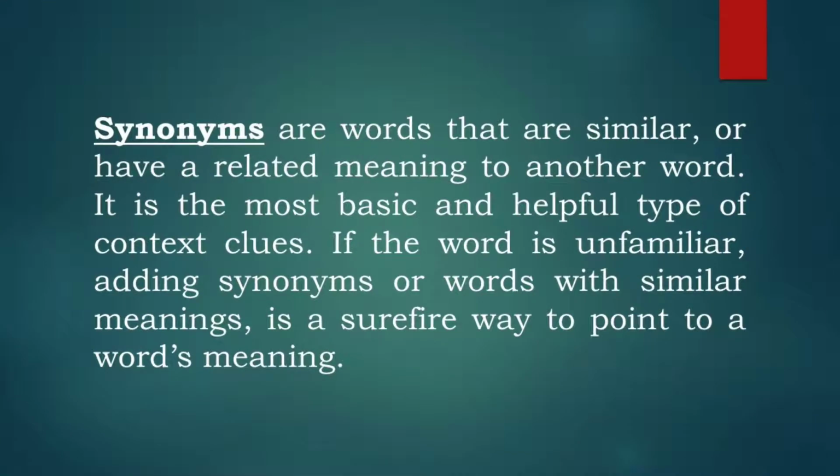Synonyms are words that are similar or have a related meaning to another word. It is the most basic and helpful type of context clues. If the word is unfamiliar, adding synonyms or words with similar meanings is a surefire way to point to a word's meaning.